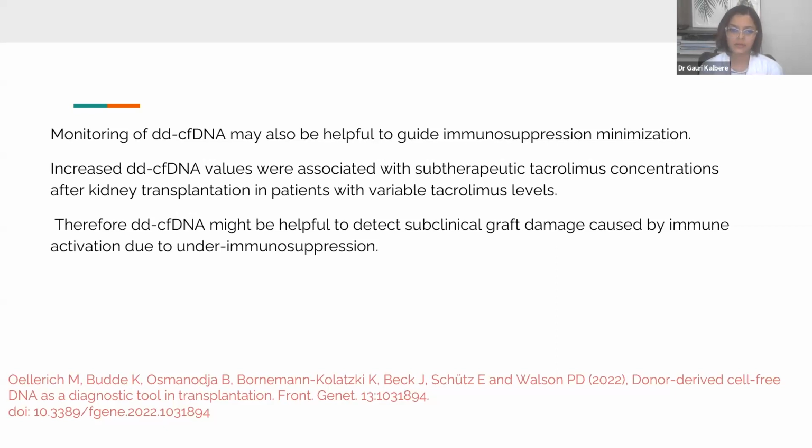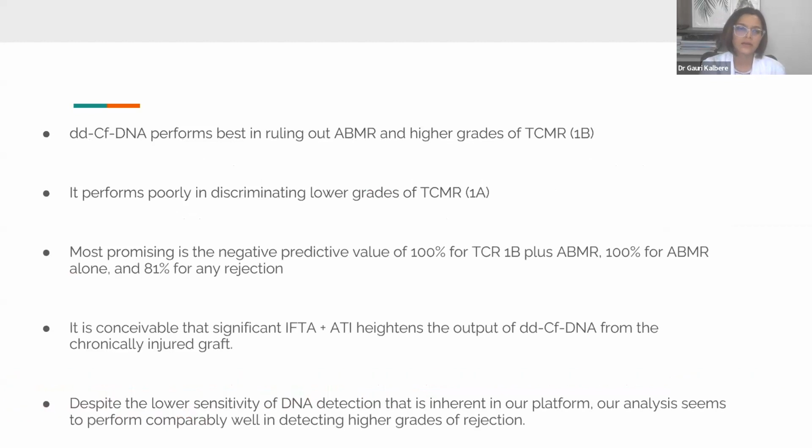Therefore, this test might be helpful to detect subclinical graft damage caused by immune activation due to immunosuppression. These were the findings particularly of the Ulrich et al. study published in 2022.